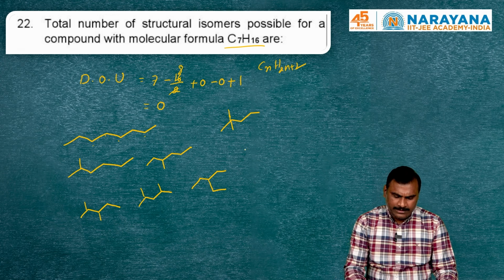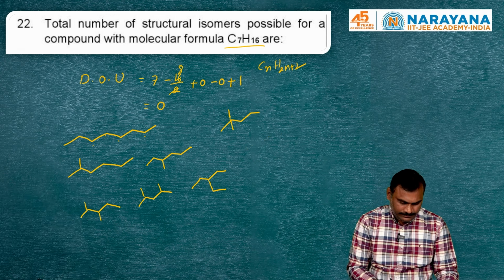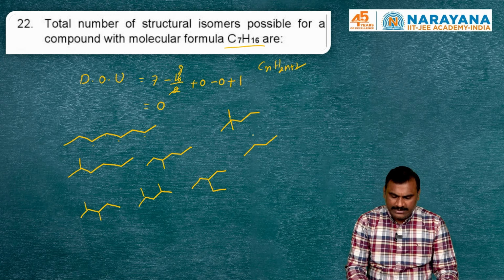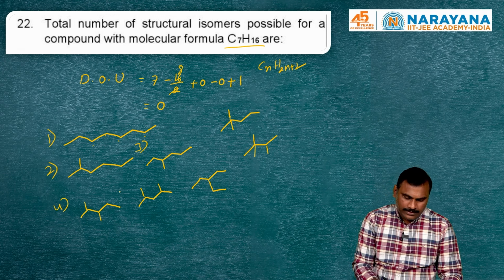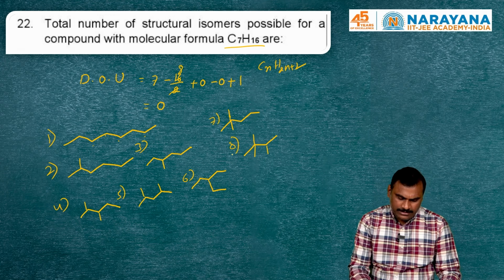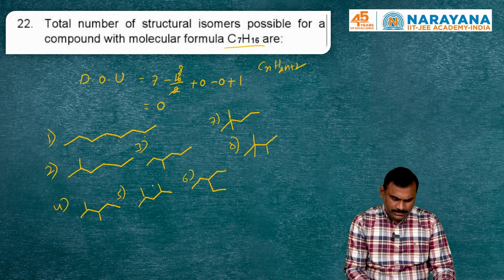I can write one more chance like this. 3 methyls I am replacing like this. Let us see how many chances. 1, 2, 3, 4, 5, 6, 7, 8, and one more is also possible: 1, 1 methyl, 1, 3 methyl.